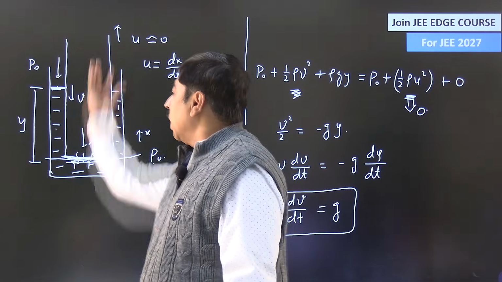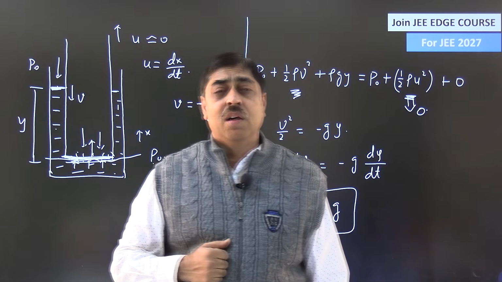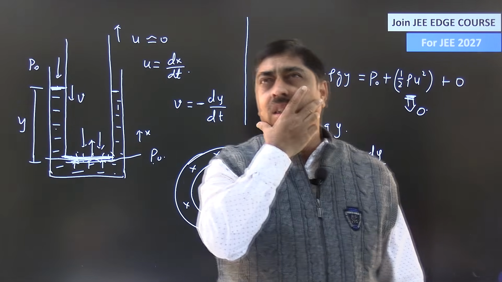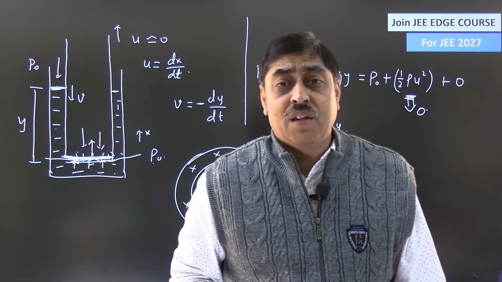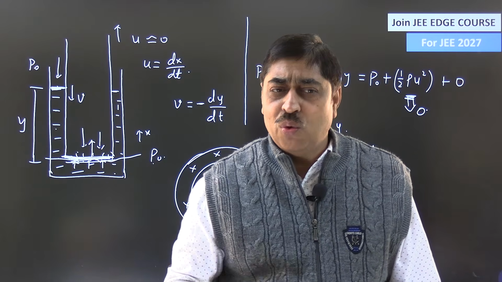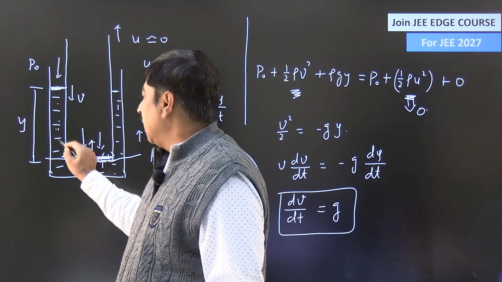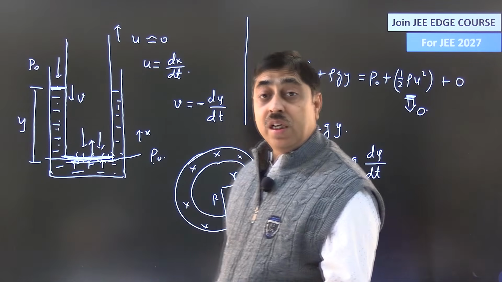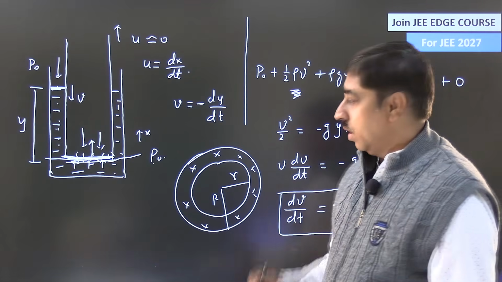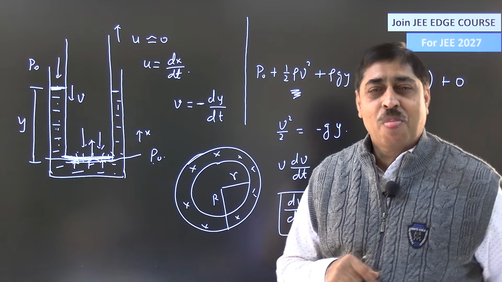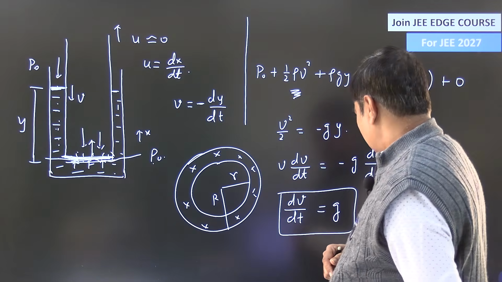It is putting no resistance to movement of water. So acceleration g makes a lot of sense. So acceleration of the surface of water, acceleration of each and every particle here is g. Is it? Yes.